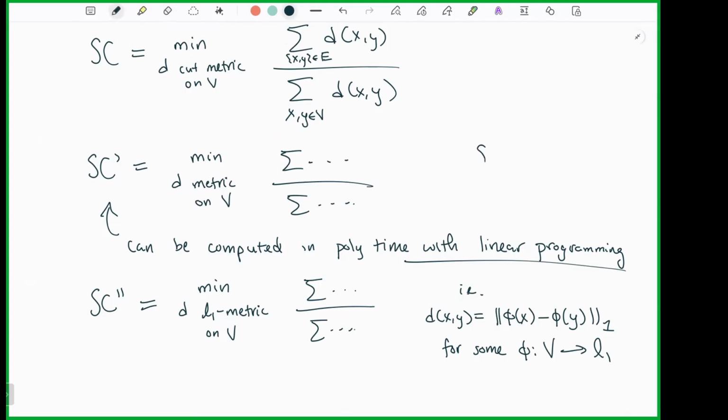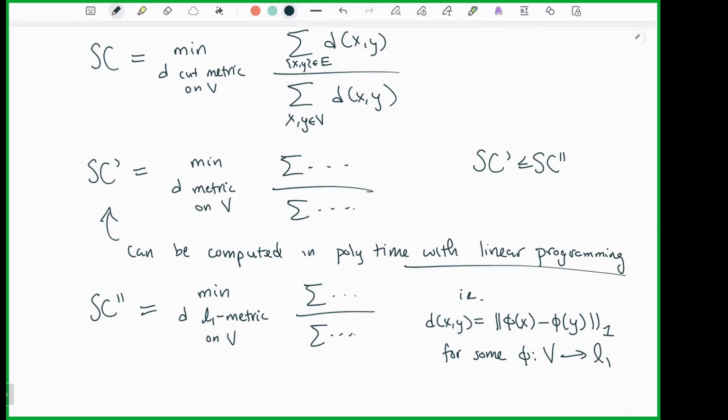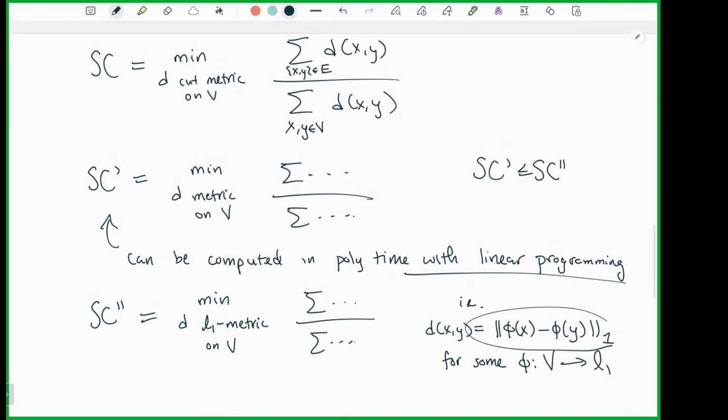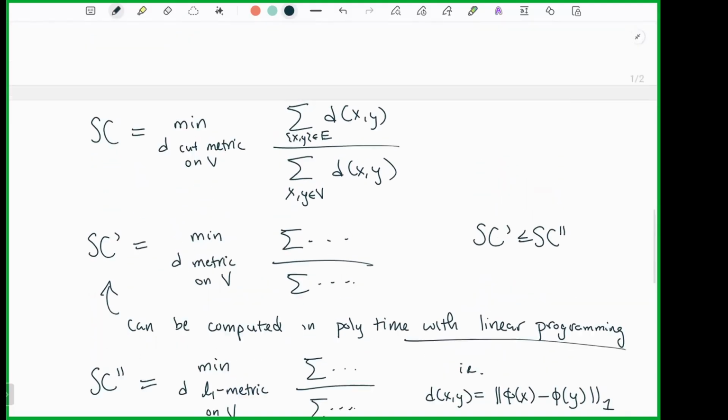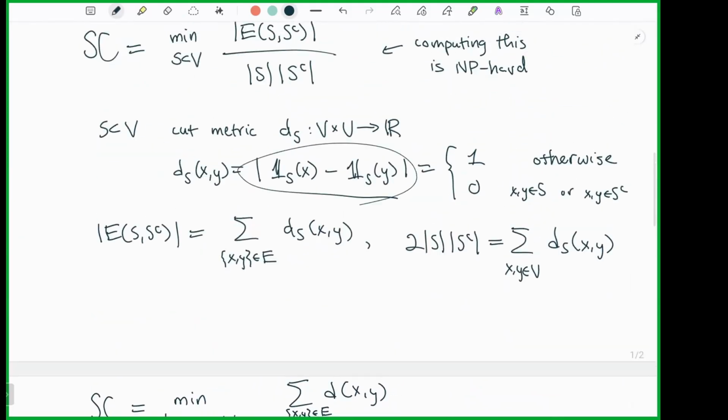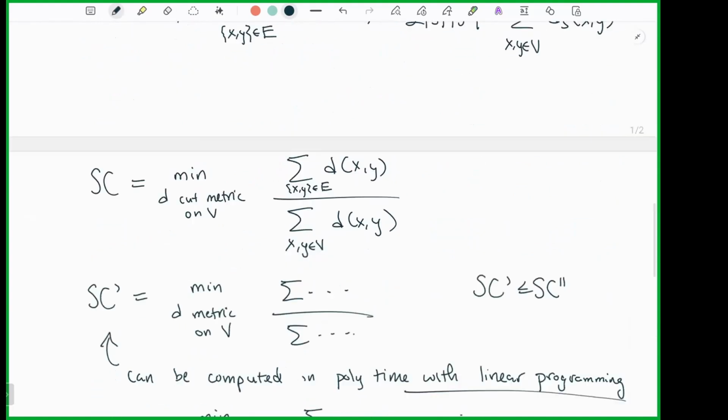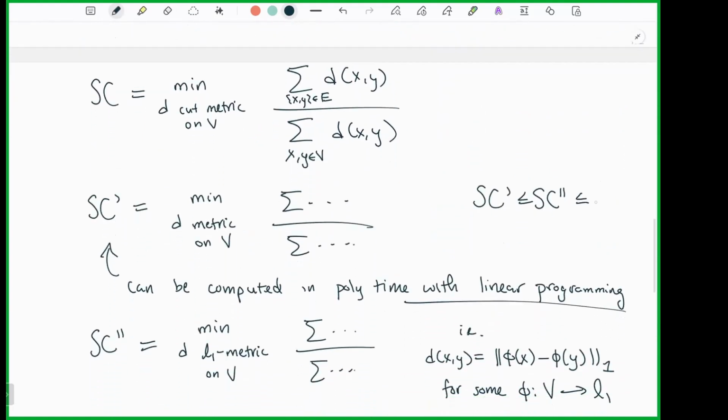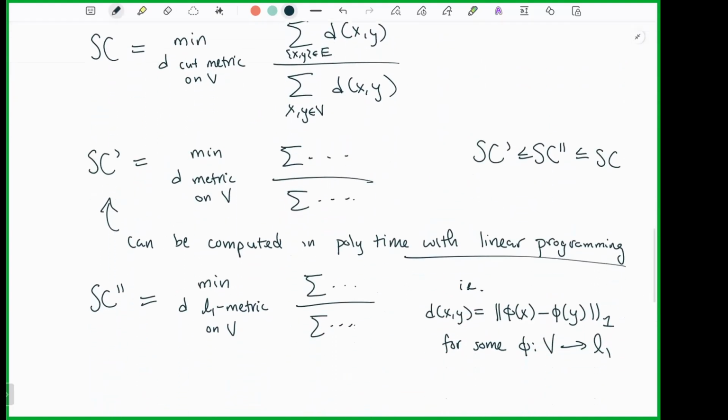Immediately from the definitions, SC prime is the most general because it's the entire class of metrics. SC prime prime restricts the class of metrics a little bit, but notice that every cut metric is an L1 metric. Remember that cut metrics looked like this, so this is a special case of an L1 metric. So we have this chain of inequalities here.